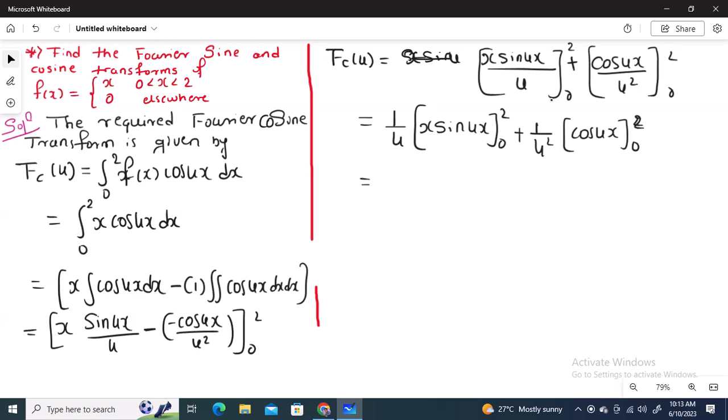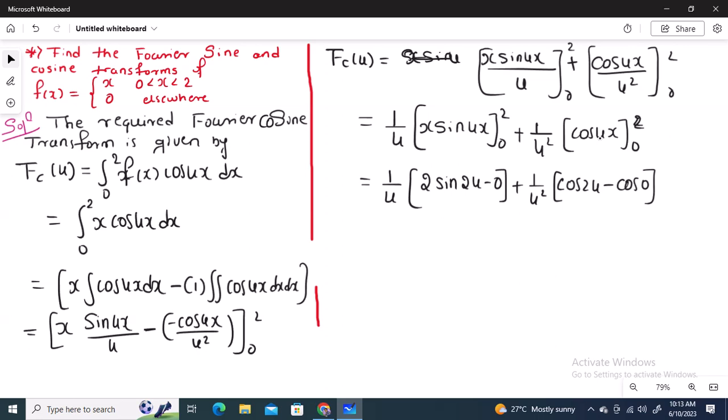So what happens if I simplify it further? 1 by u 2 times sine 2u minus 0, 1 by u square, and if you operate 2 for cos ux, 0 for cos ux, we will have cos 2u minus cos 0.